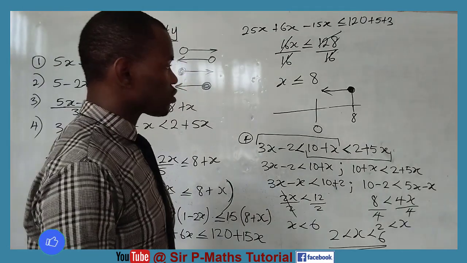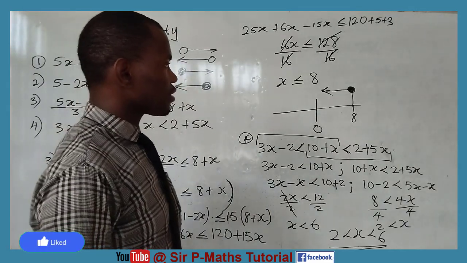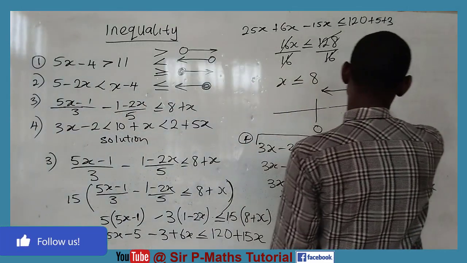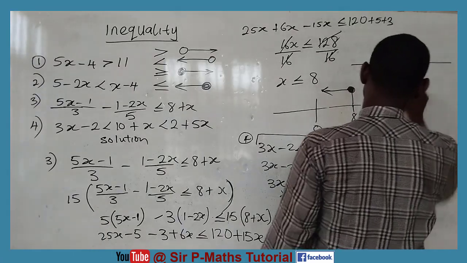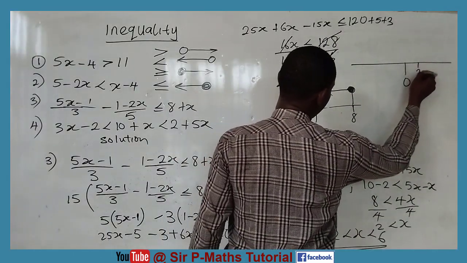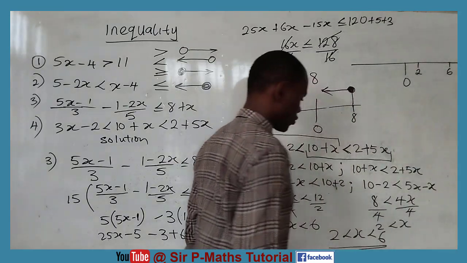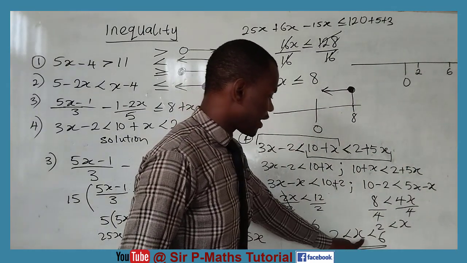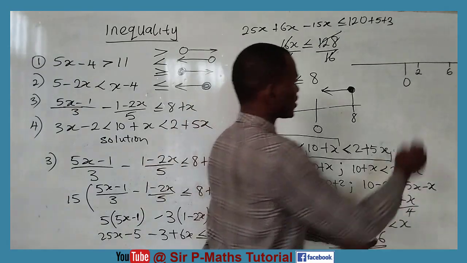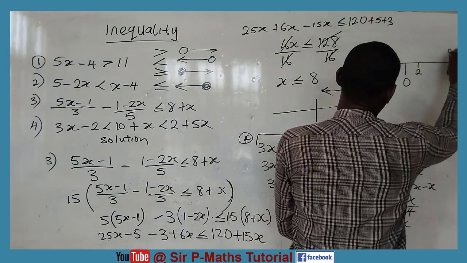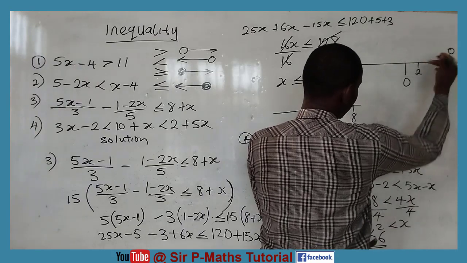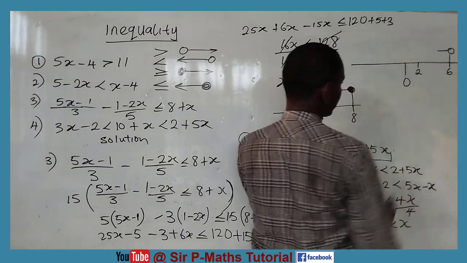We can represent the information as well on the number line system. Here be 0. Then here should be my 2. If I keep going, I'll obtain my 6 somewhere here. All right. So I have x less than 6. I'll take it up at 6. Since I'm talking about less than, it will move down.